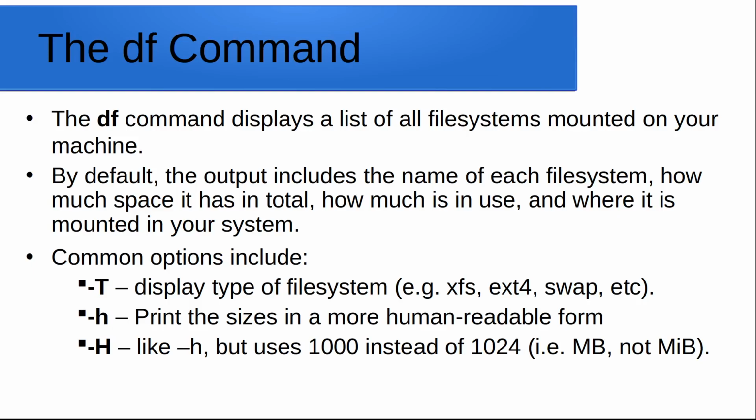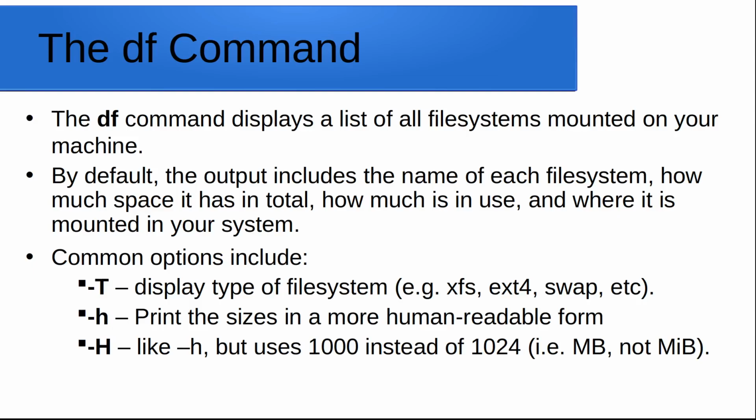You can also use some common options like -T to display a particular type of file system, so XFS, ext4, swap. You should recognize those from when we did the partitioning in Lab 1. -h, lowercase h, gives you a human readable format.